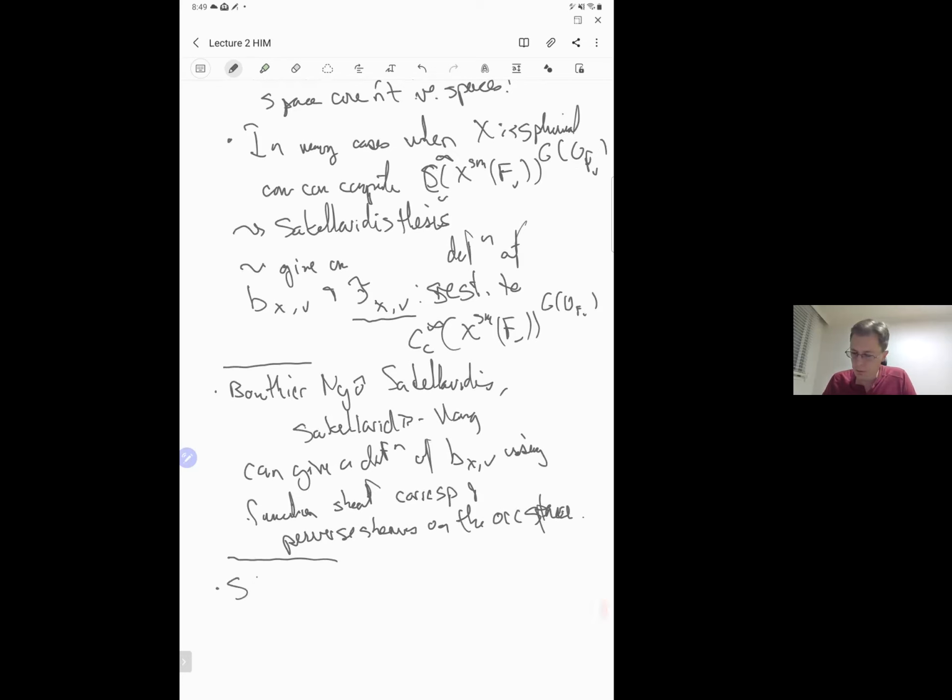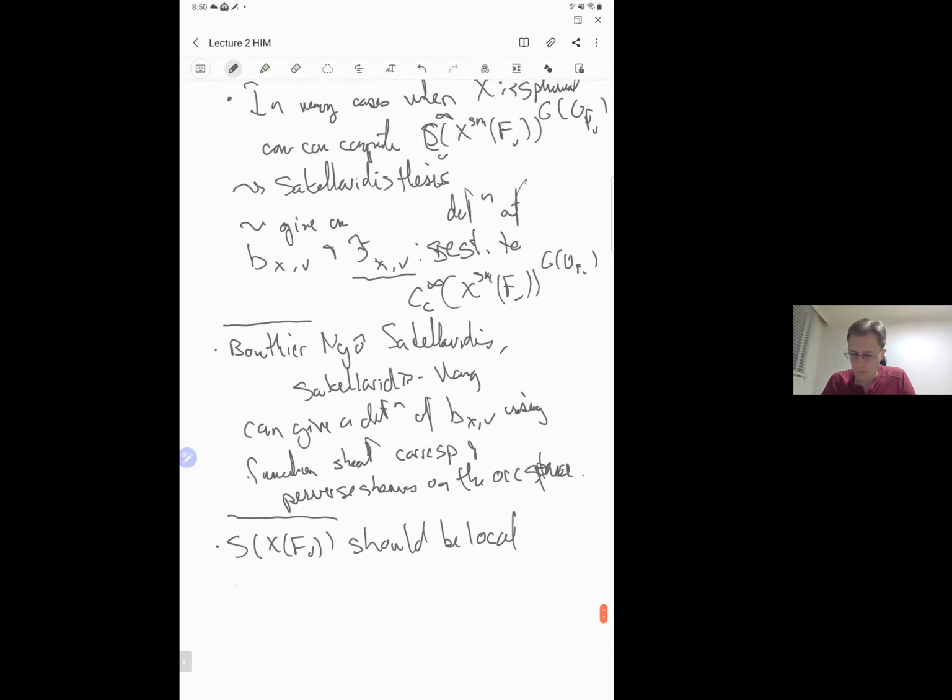Another thing that is kind of fun is that XFV should be local. I didn't understand why this was important for the longest time. So there's a sheaf theoretic way of saying this, which as far as I know doesn't make sense in the Archimedean setting, but there's a more down-to-earth way of saying this, which I think Joe tried to explain to me once, but I didn't understand it for a long time.